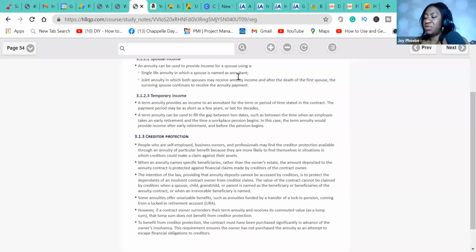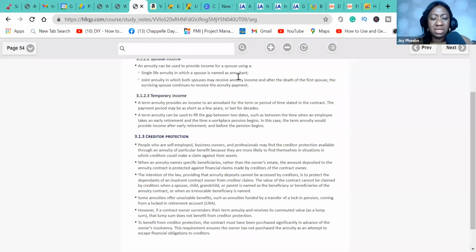Instead of keeping this money, you can take the severance, because at 55 you can't start accessing your RRSP yet. You'd be eligible to access your RRSP from age, is it 65 or 61? We're going to see that as we continue in this class.